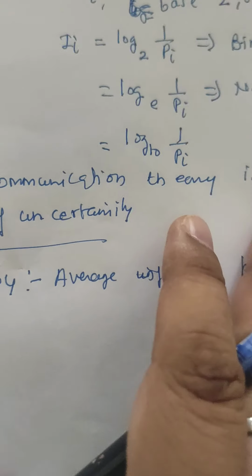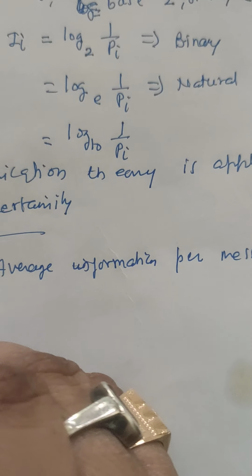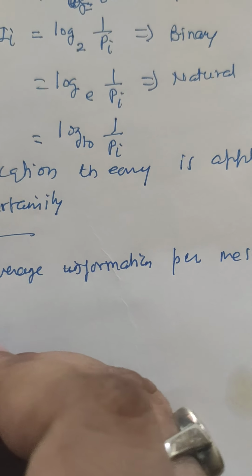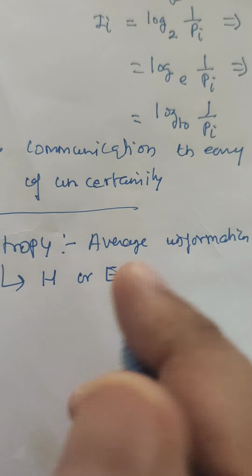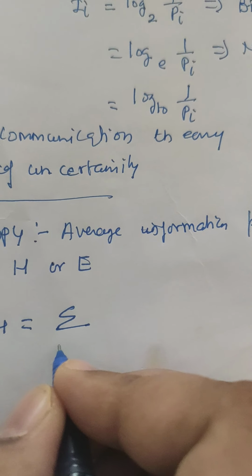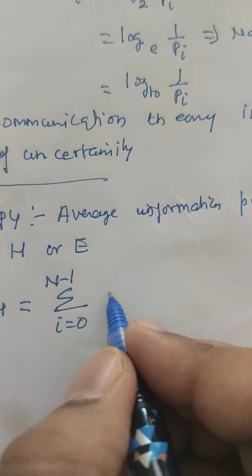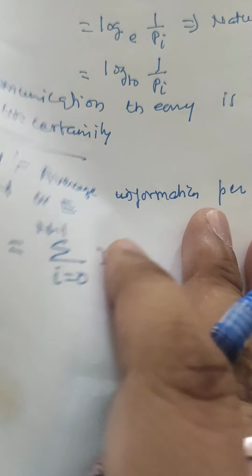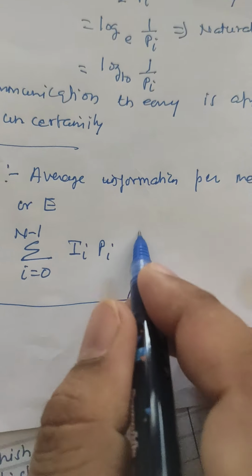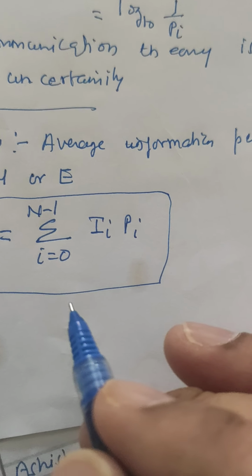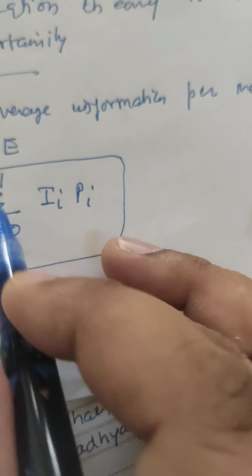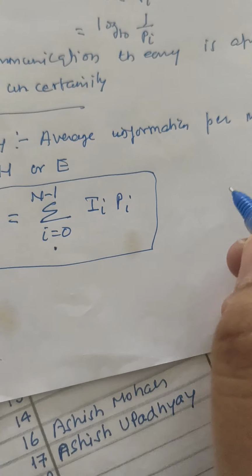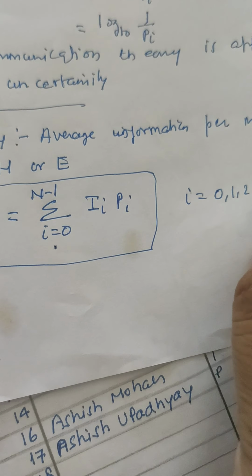Technically it is the ideal value, and it is denoted by H or capital E. H is nothing but the summation, for i equal to 0 to n minus 1, of the product of information and probability. The average information is given by the summation over i equal to 0 to n minus 1 of the product of information and the probability. Probability means chance of events. That means i takes the values 0, 1, 2, 3 and so on.